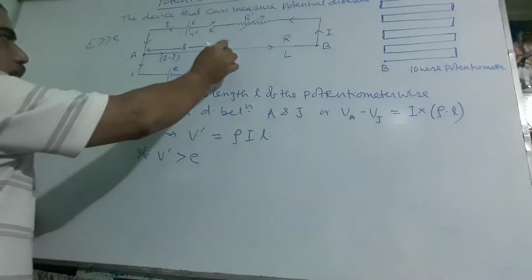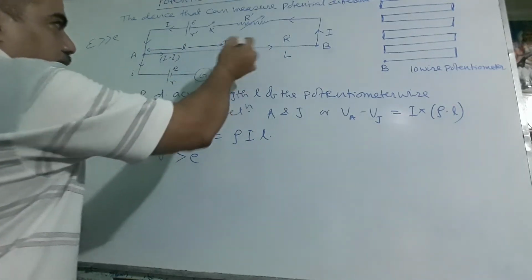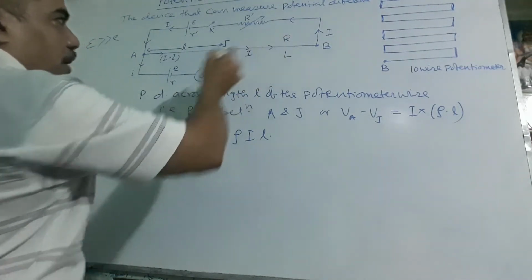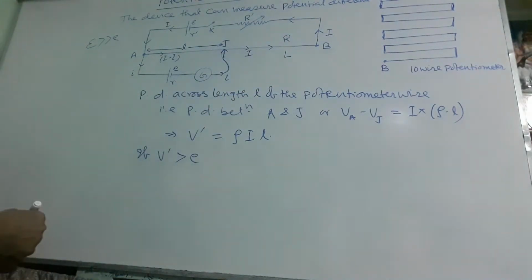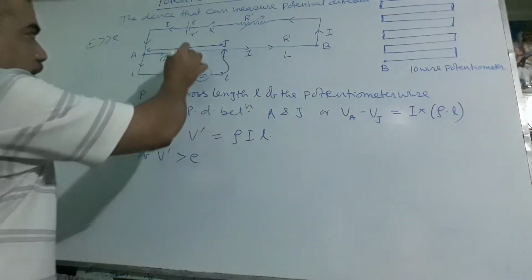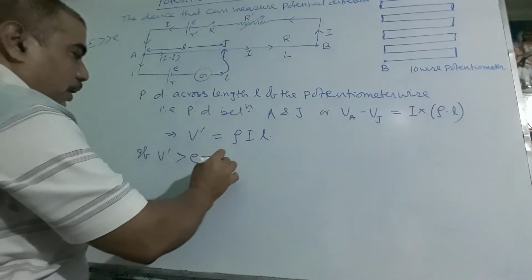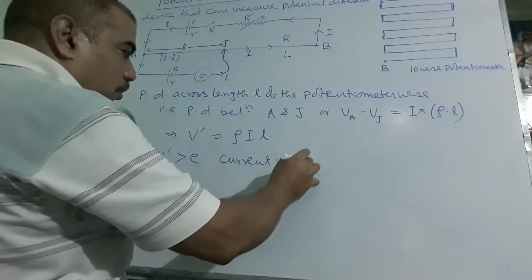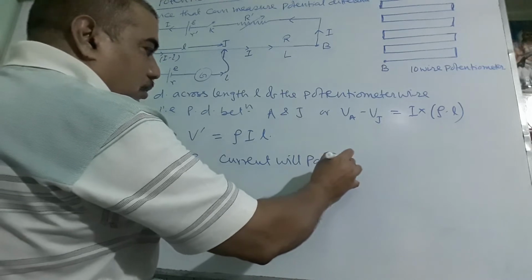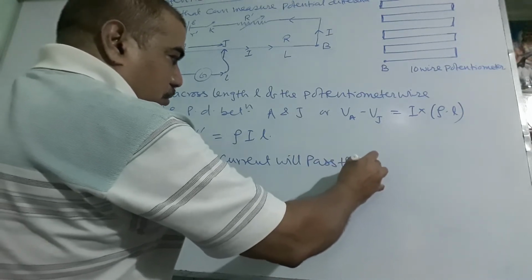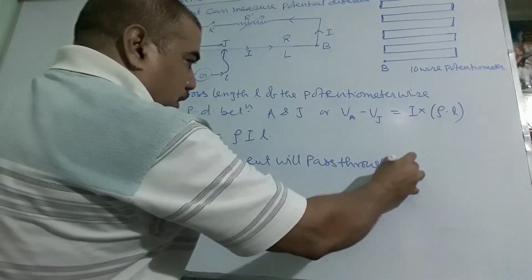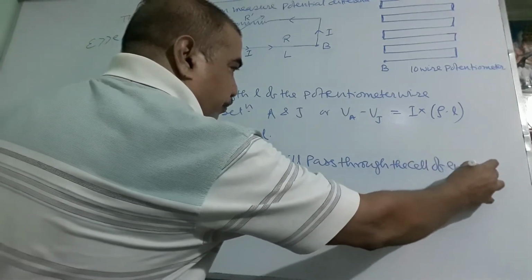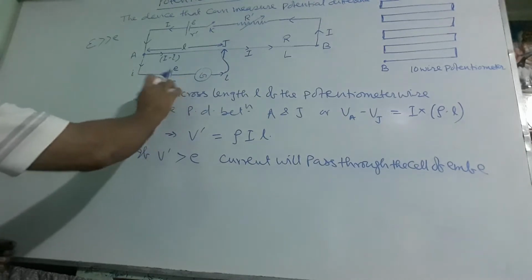Again here it will be I, because branching will take place here, and again it will join. So here current will pass through the cell of EMF E, this particular cell.